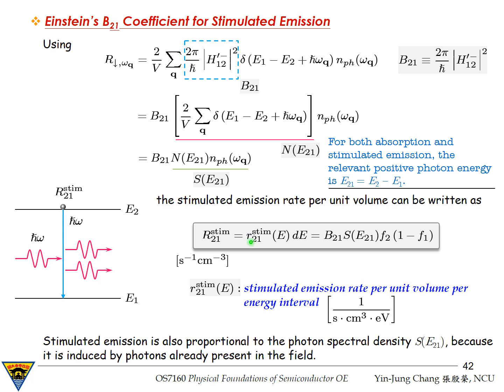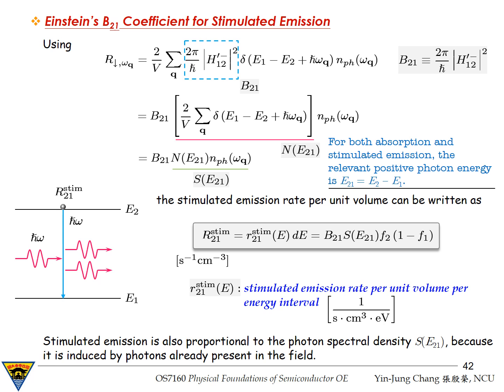Because the lowercase r21 superscript stimulated is a per unit energy interval quantity, it can be used to describe the stimulated emission spectrum, as we will discuss later.